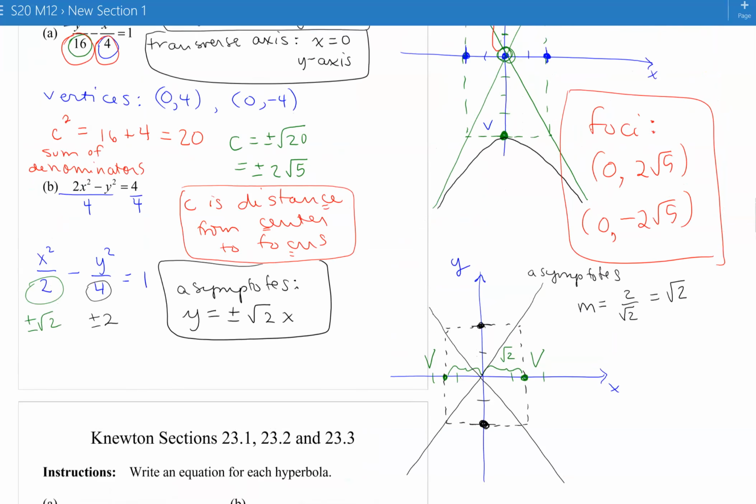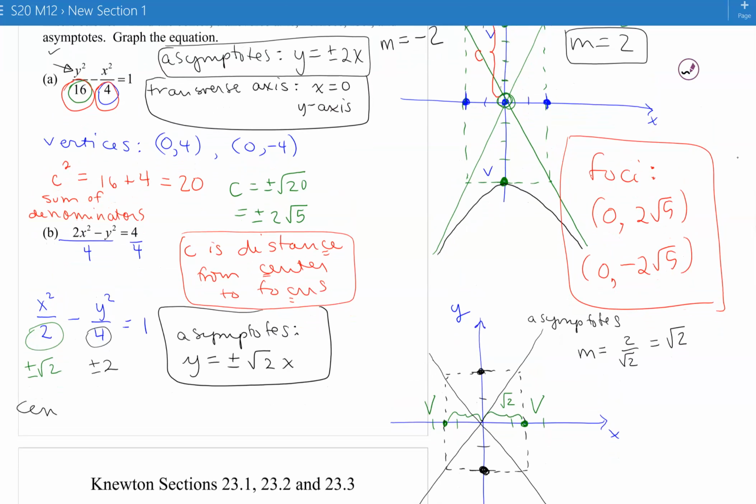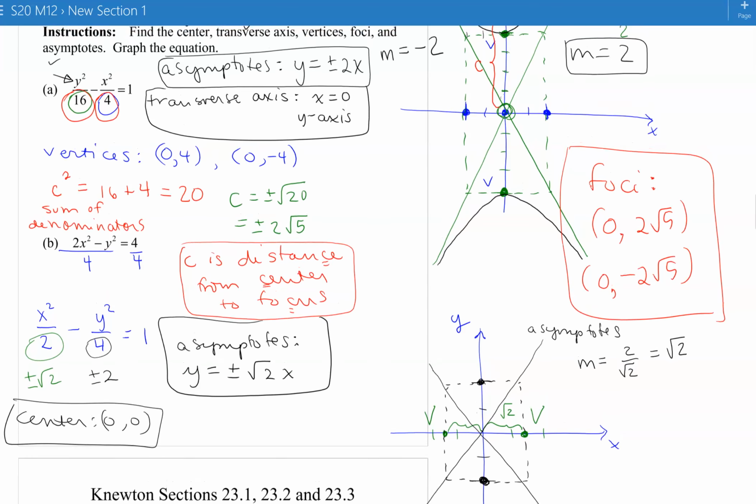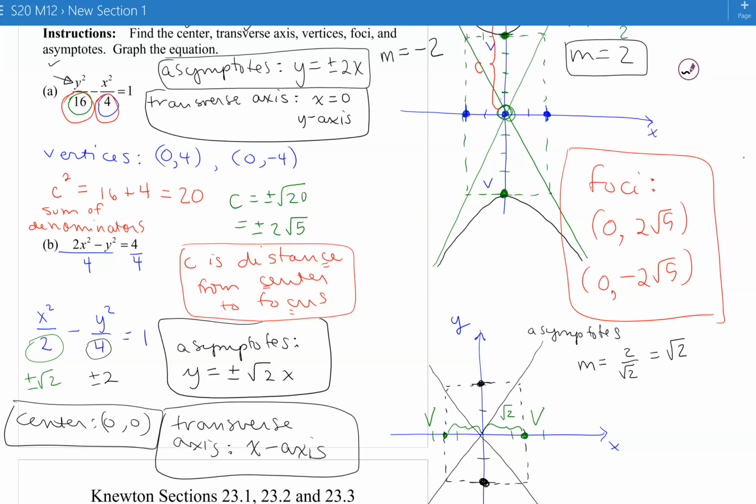Okay, let's see what else we need to find. So we know the center is 0, 0. The transverse axis: we can see that the center and the vertices are lined up on the x-axis, or you can call it the line y equals 0.